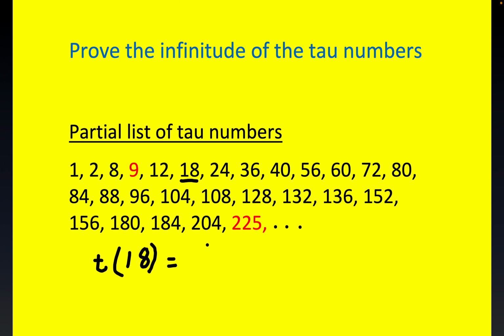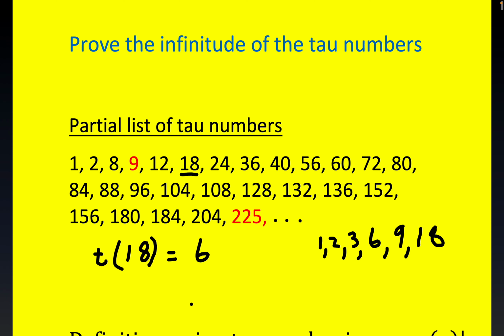It's equal to 6 because there are 6 divisors of 18, namely 1, 2, 3, 6, oh yeah, we need 9, don't we? 6, 9, and 18. Again, folks, each of these integers divides the number 18. 1, 2, 3, and this is all of them. And there are 1, 2, 3, 4, 5, 6 of them.